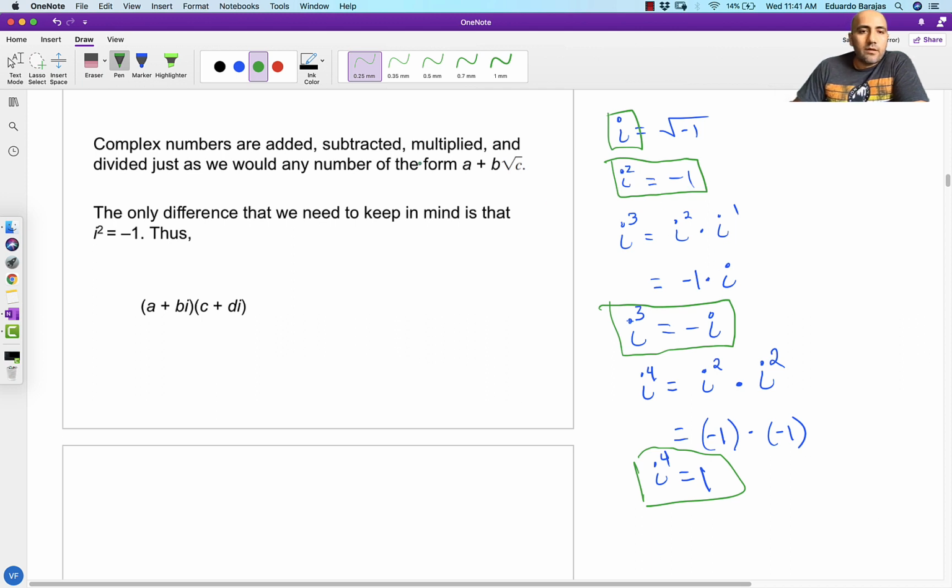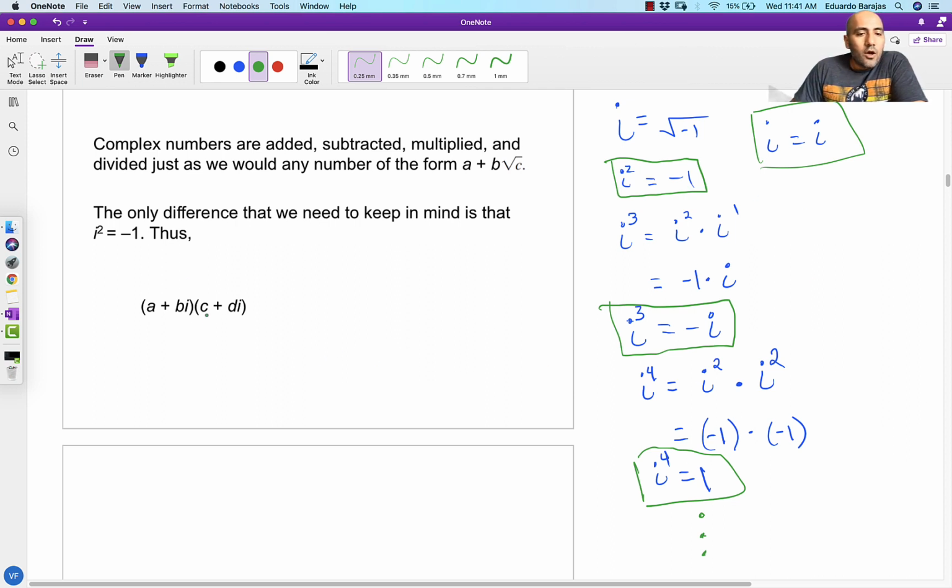So here, let me actually, so I'm just putting i equals i. There's nothing special about that. So i is just i, i squared is negative 1, i to the third power is negative i, and i to the fourth power is 1. We'll continue with this pattern down the road a little bit, but for now, that's more than enough for what we wanted to do.